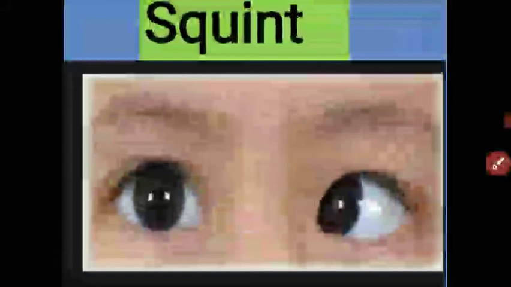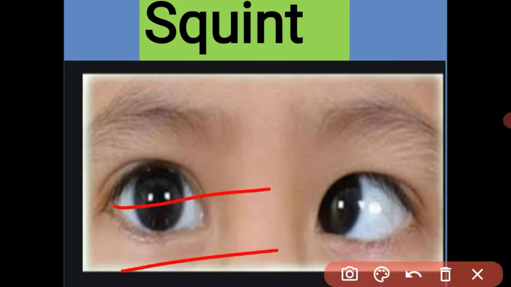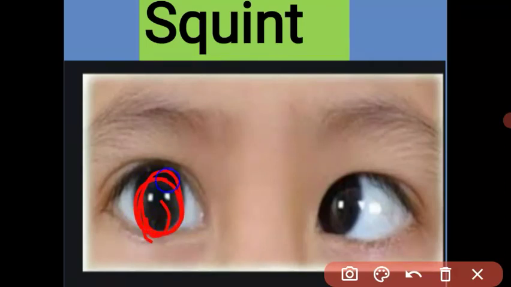Next is the squint. You know, most people, maybe you might have seen the squint, in which the two eyes are cross-eyed or wide-eyed. When the eyes converge inward, this is called cross eye, and the opposite condition is wide eye. This is the iris, the eyeball; they are not in the proper place. They are in a cross condition, one on that side and another on that side.